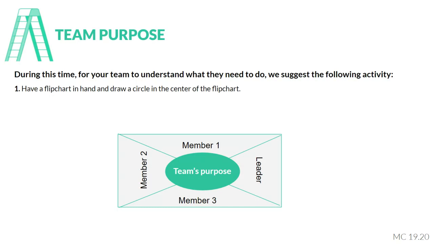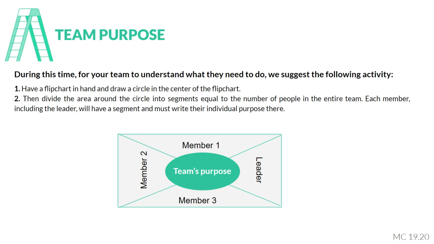Once you have drawn this circle in the center of the flip chart, you're going to divide the area around the circle into segments equal to the number of people in your entire team, okay? Each member, including the leader, including you, will have a segment and must write their individual purpose there.